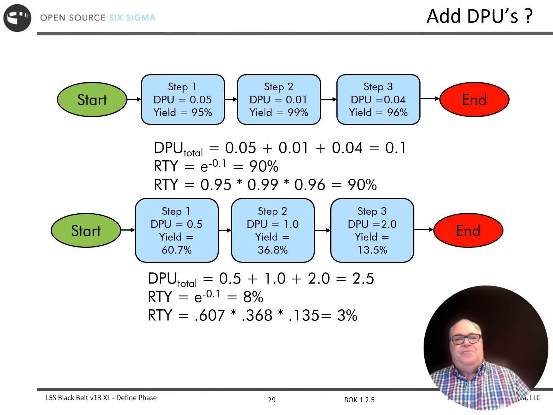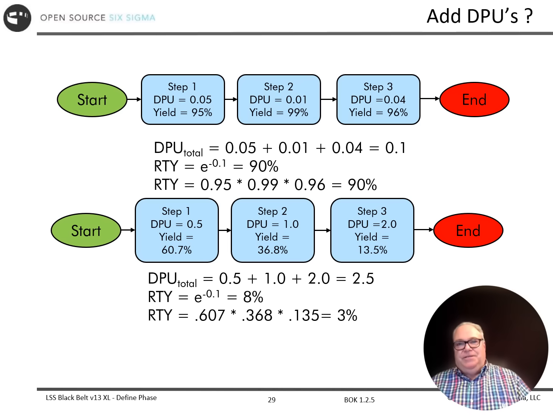So on the top one, we've got our defects per unit, the translation of the yield. We add them up, and we come up with 1/10 of a defect per unit. So a very low defect rate. And then we use one of our favorite equations: the yield is equal to e to the minus defects per unit.